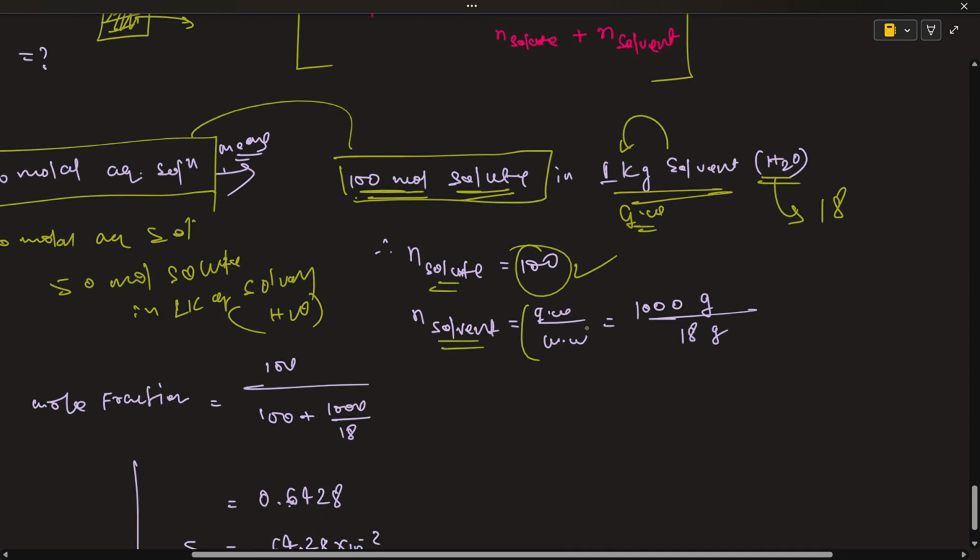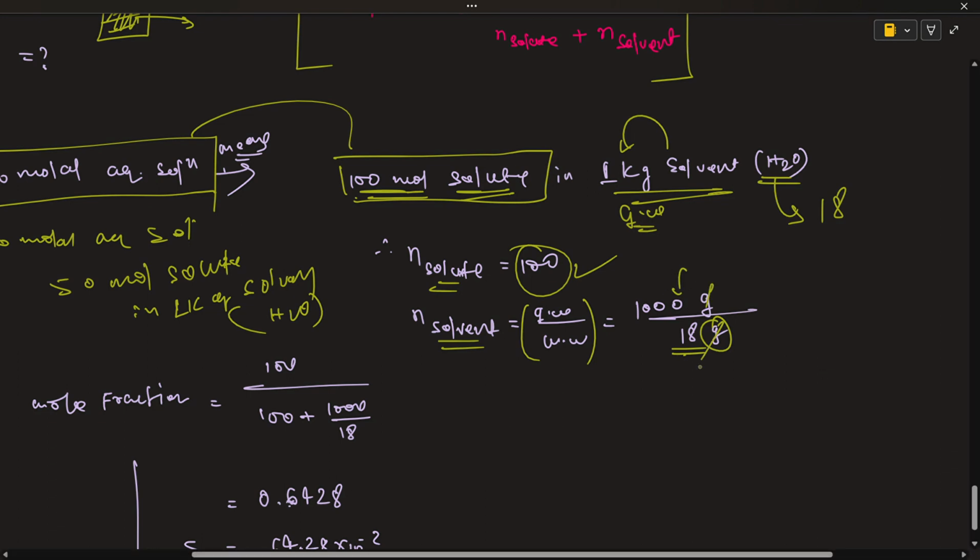Yes. So for getting the moles of solvent, we will use this formula: moles equals given weight upon molecular weight. The given weight is 1000 grams. Here it is 1 kg, but we are writing 1000 grams. Why? Because the molecular mass is always given in grams, 18 gram.